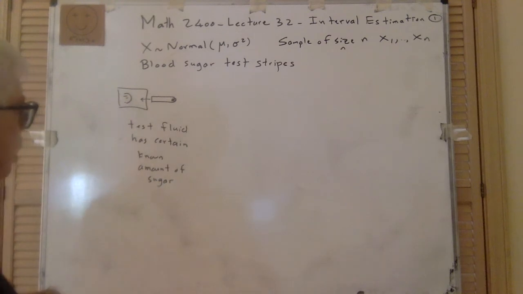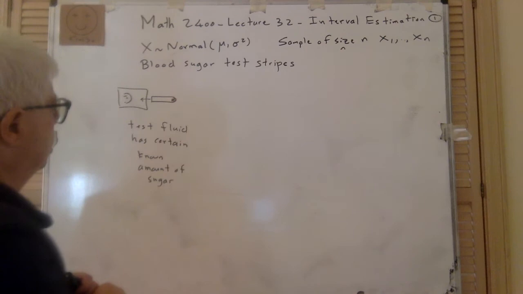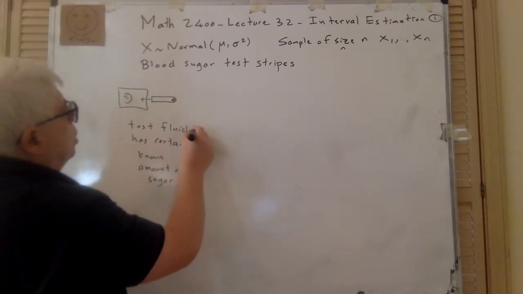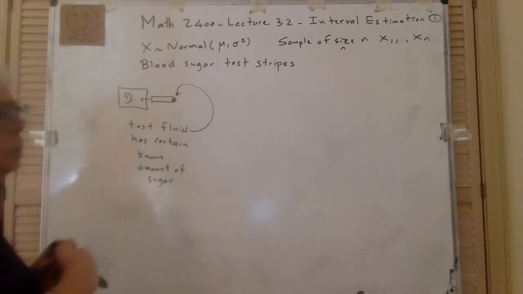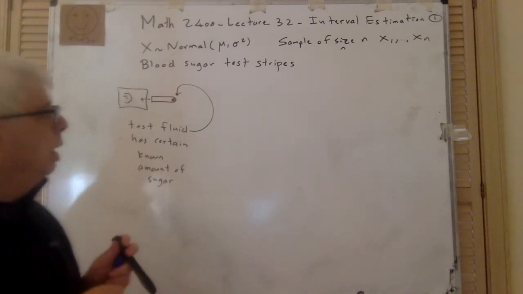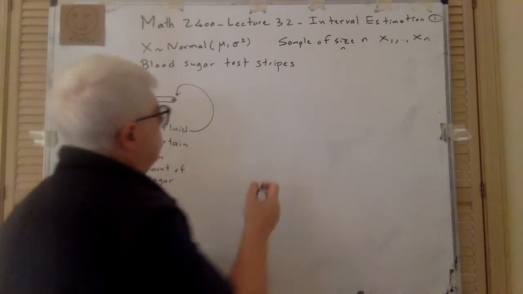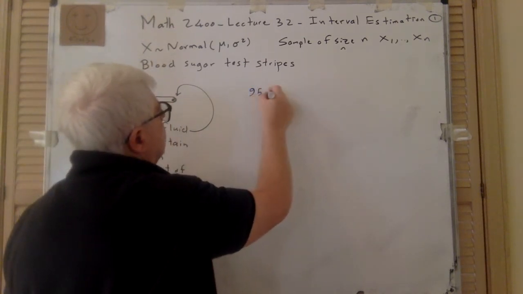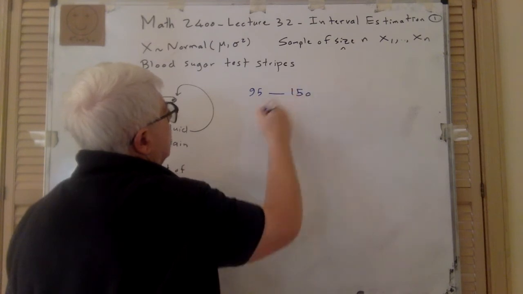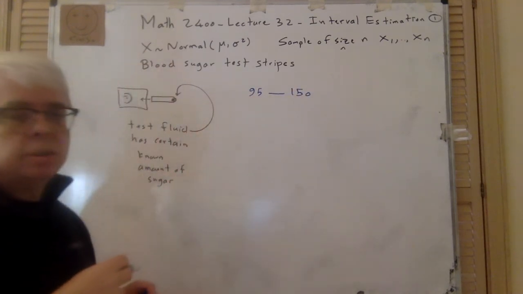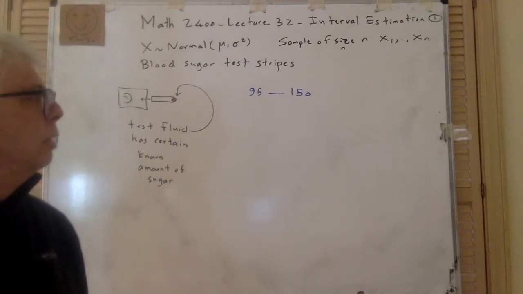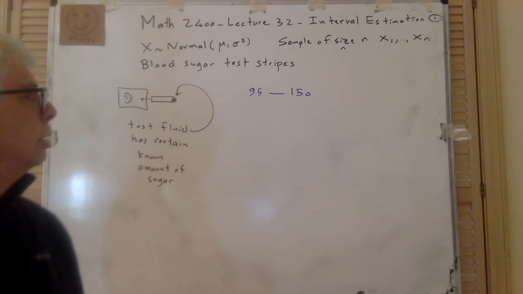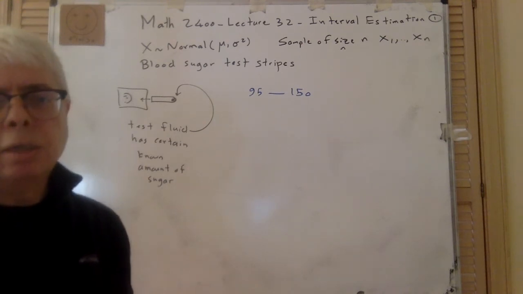Now what they do is they say, put this test fluid here, insert it, and check the reading. If the reading is, say, between 95 and 150, then your device is working correctly. When I saw this in the brochure, I was going nuts.